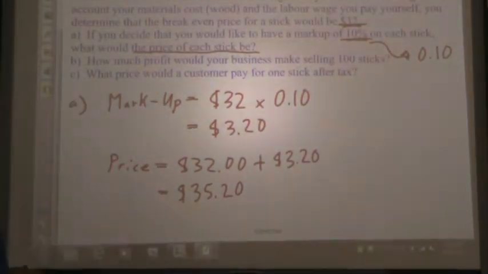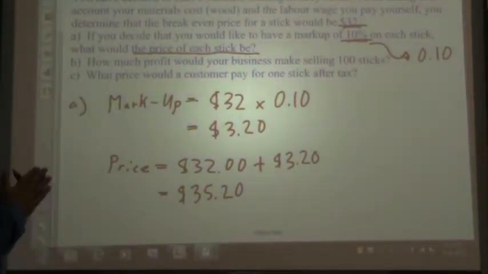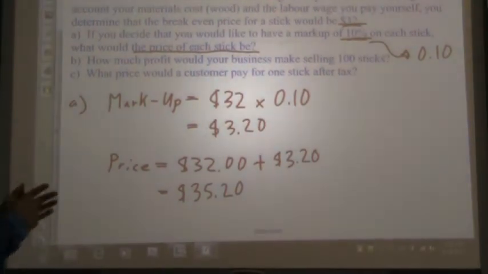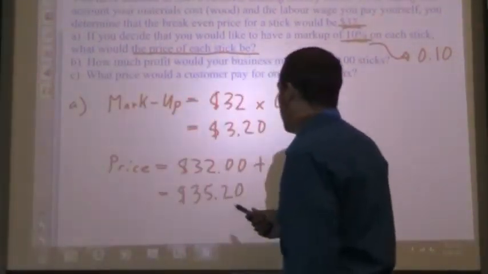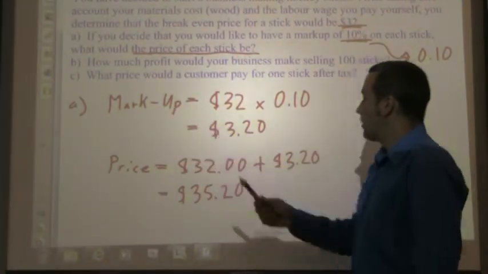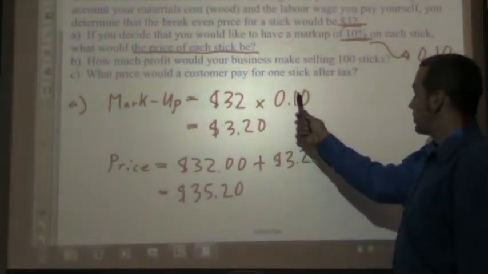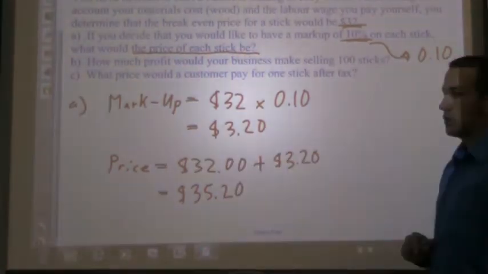Okay. Part B says, how much profit would your business make selling 100 sticks? Well, we just figured out in part A that with my markup of 10%, the profit on each stick would be $3.20.